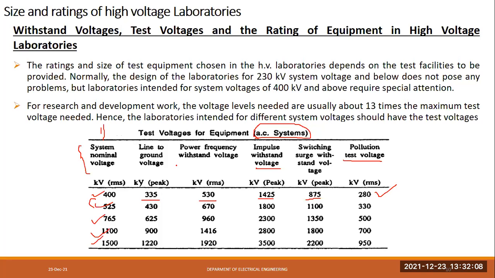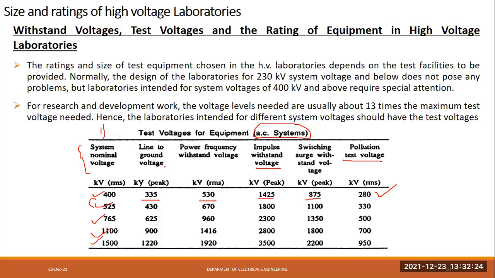From all these values we will take advantage of the impulse voltages as well as switching surge voltages. Once we know these values of the voltages, it is very easy for us to get proper testing of each and every equipment.